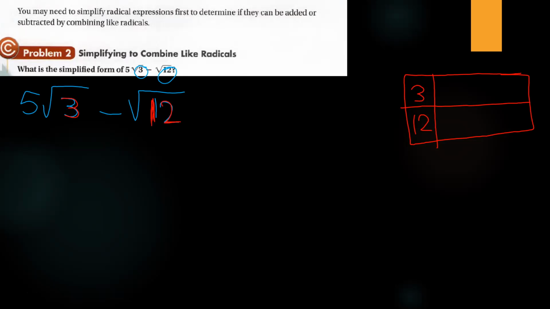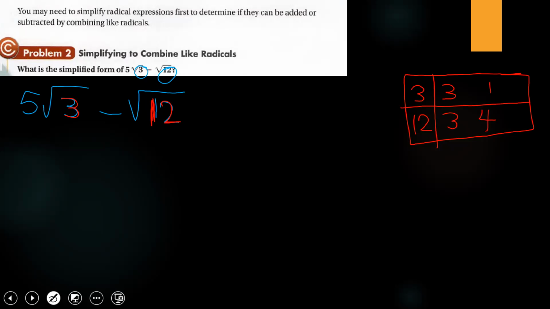Now, let's write the factors of 3. They are 3 and 1. I don't want 1. The factor of 3 is 3. And the factors of 12. Give me 2 factors of 12, but 3 is one of them. 3 and 4.